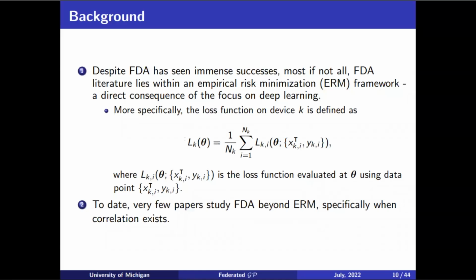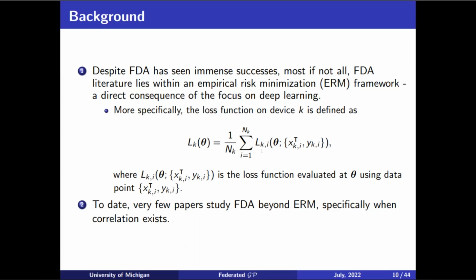Despite FDA having seen immense successes during the past few years, most FDA literature lies within the empirical risk minimization framework, which is a direct consequence of deep learning. More specifically, the loss function on each device k is defined as follows, which is in a summation form.